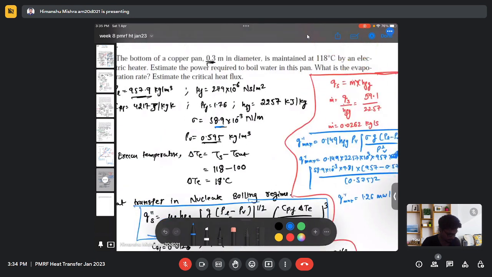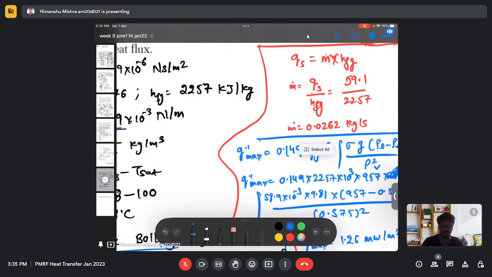Then to find the evaporative mass flow rate, we use the energy balance, where we say that whatever heat is input by the electric heater will convert the liquid into vapor, and therefore this heat transfer will be equal to the latent heat multiplied by the rate of evaporation.